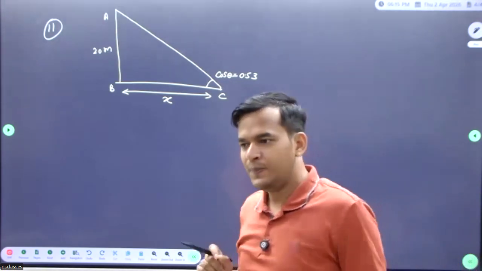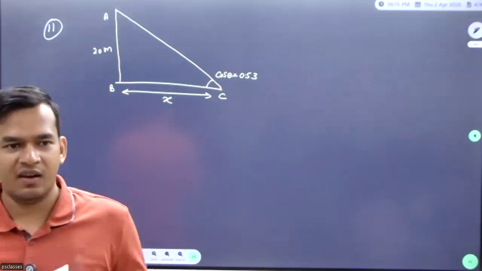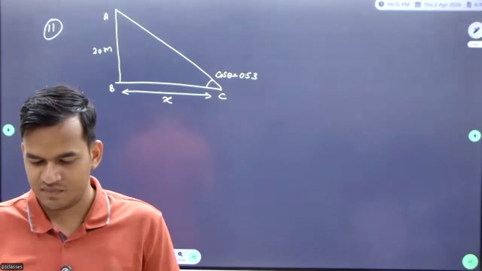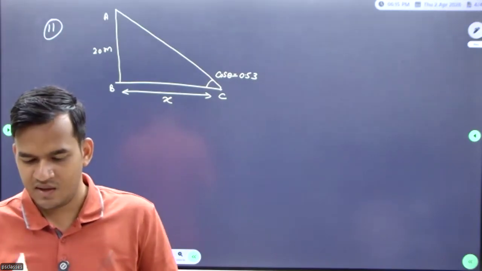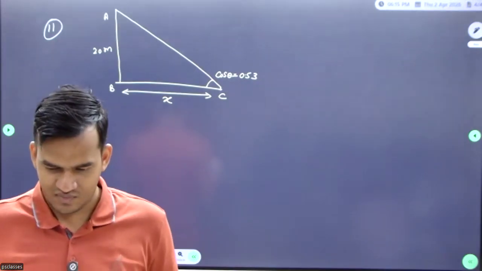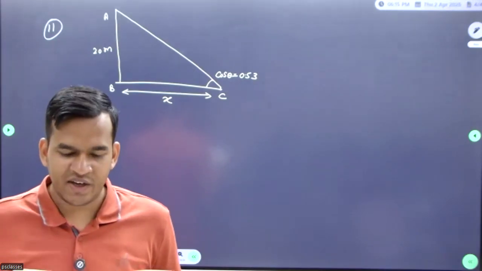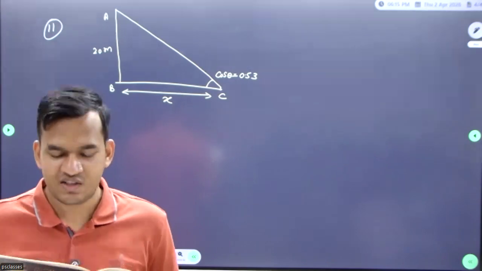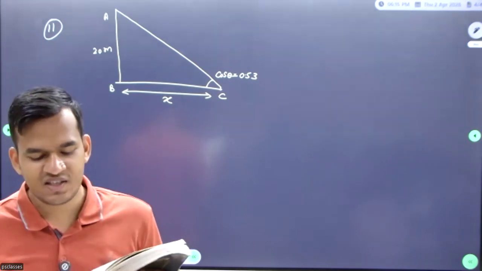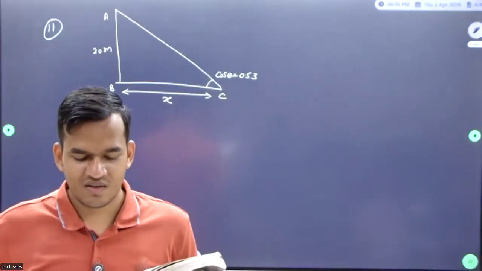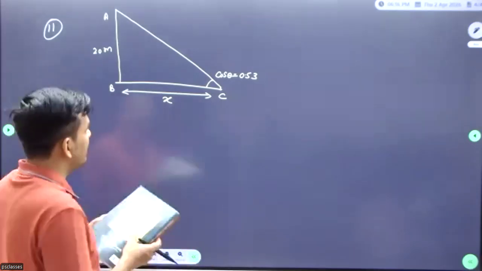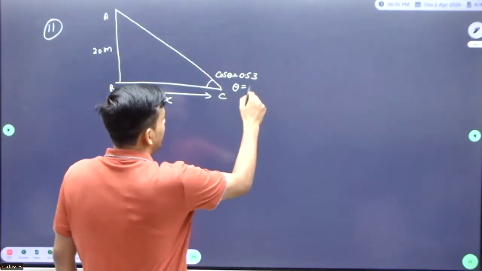So look at the table. Which angle gives you 0.53 in cosine? So 58 degree 0 minute is equal to 0.5299, that we can consider as 0.53 only. So theta is equal to 58 degree.